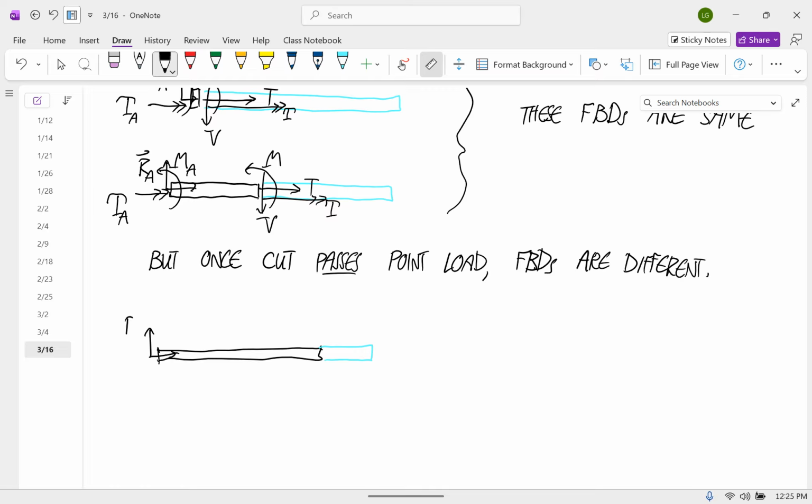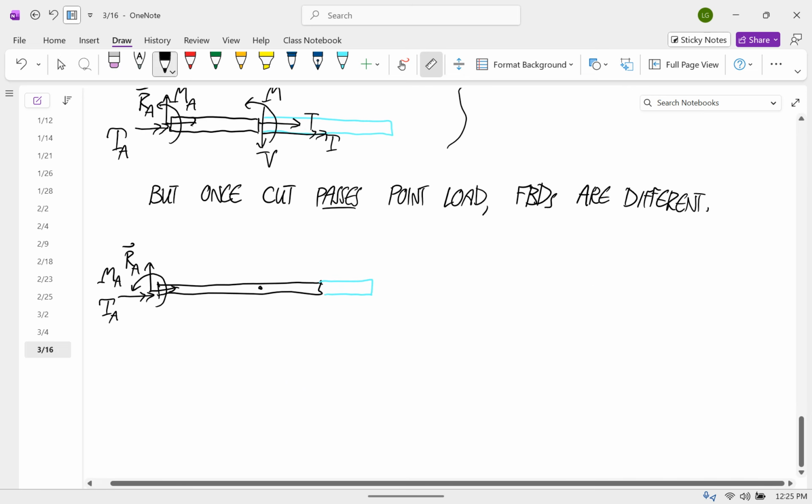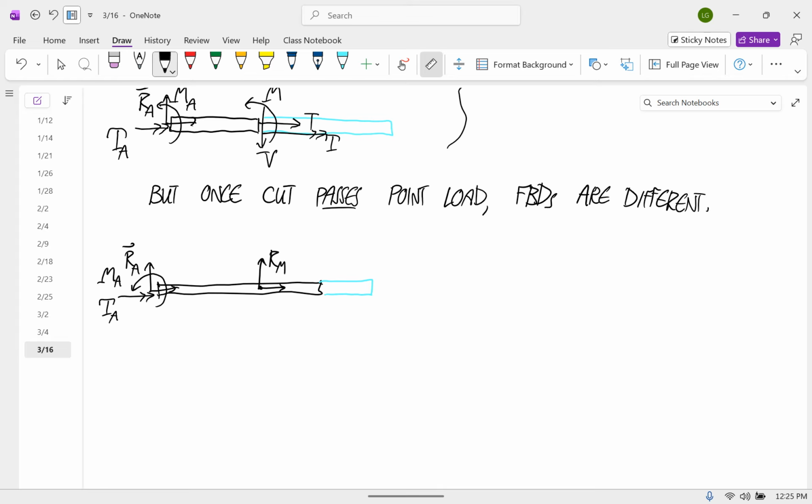We still have our RA, our MA, and our torque A. But now we also have that point force, R mid. And then we have our internal loads, our T, V, M, and torque.